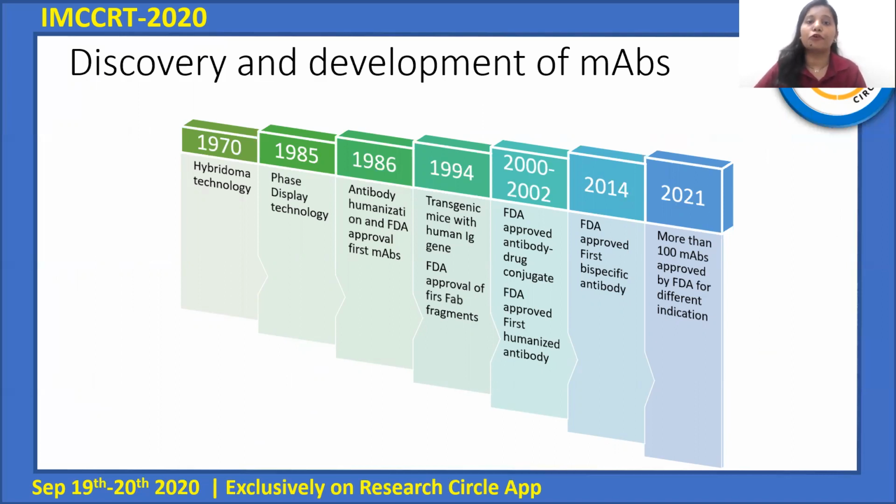In 1994, transgenic mice with the human IgE gene were developed and the FDA approved the first Fab fragment. Then in 2000, the FDA approved the antibody drug conjugate and also the first humanized antibody. In 2014, the FDA approved the first bispecific antibody, and by 2021, more than 100 monoclonal antibodies were approved by the FDA for different clinical conditions.